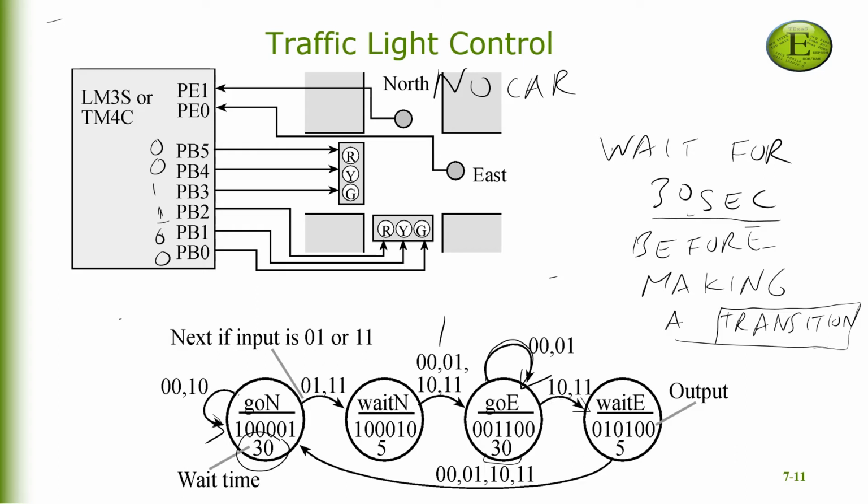So if we have to make a transition, then we go to wait E, again wait for 5 minutes, and then whatever is the input, we go to the go north state. And this is how this traffic light control signal will continue to run. According to this diagram, it will continue to run indefinitely.